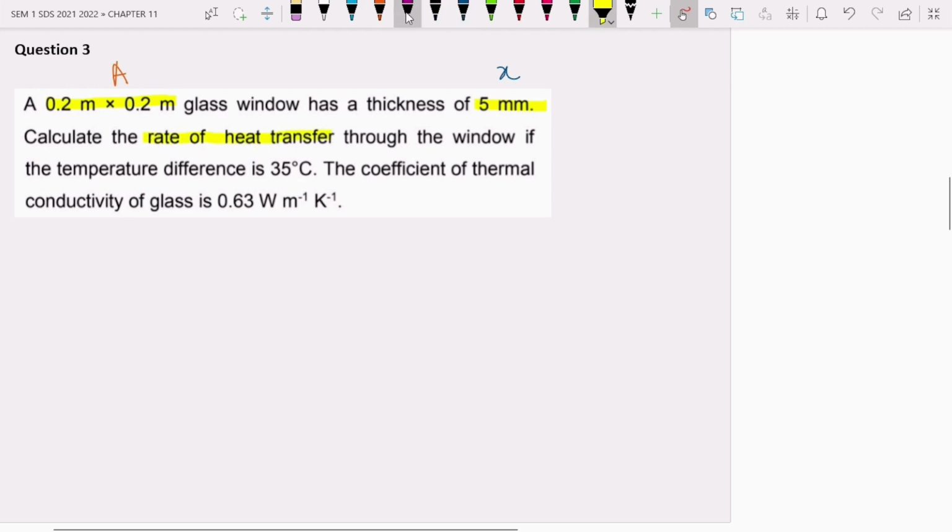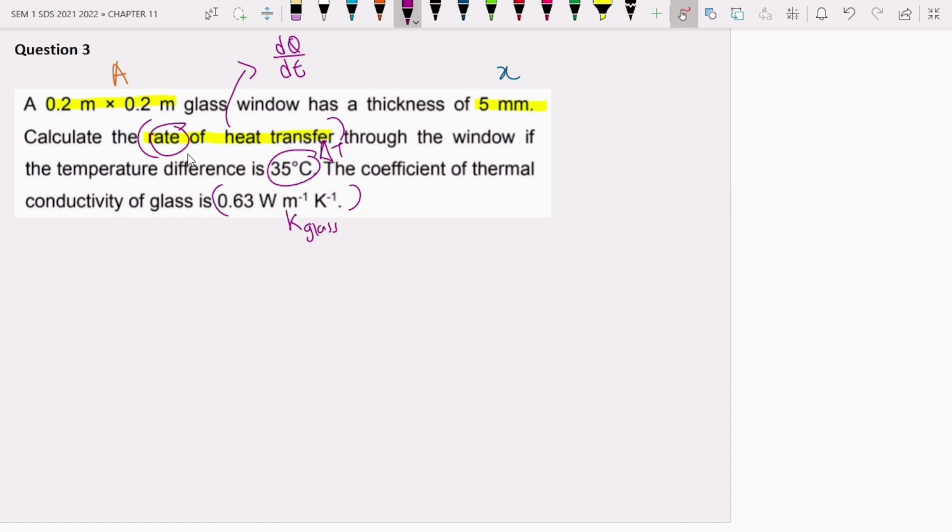When there is the word rate, we know it is per time. So the rate of heat transfer is dQ over dt through the window if the temperature difference is 35 degrees Celsius. The coefficient of thermal conductivity of the glass is 0.63 watt per meter per Kelvin.